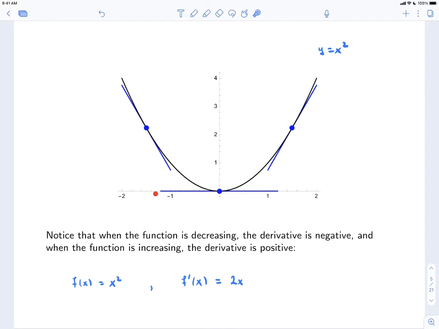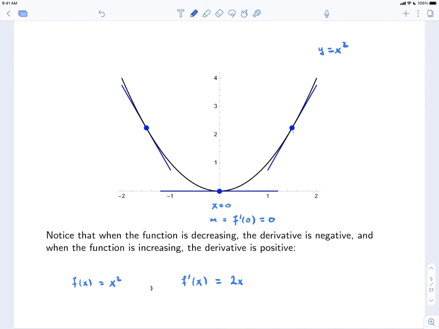For example, at the origin, where x is equal to 0, we have that the slope of the tangent line, which we can call m, is equal to f prime of 0. But rather than computing it for every value individually, we just use the formula. f prime of x is twice x. Well, in this case, x is 0, so it's 2 times 0, which is 0.